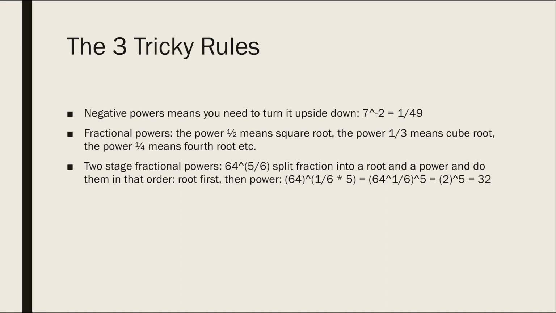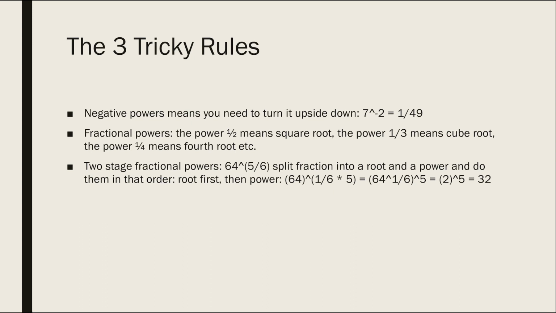So these are when it's not only 1 over a denominator, it's rather a larger number than 1. So here we have 64 to the power 5 over 6. So what we want to do is split the fraction into a root and a power to do them in order. So we want to do the root first, then the power.